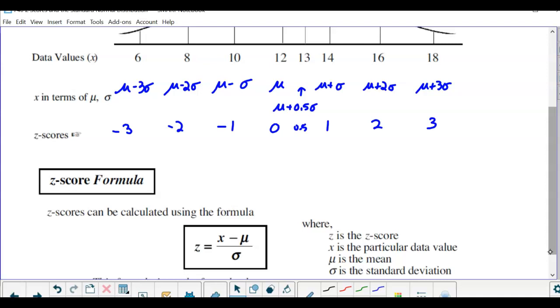Okay, so for a particular value, say a baby slept for 14.6 hours, how do you figure out what the z-score is? Or how many standard deviations?